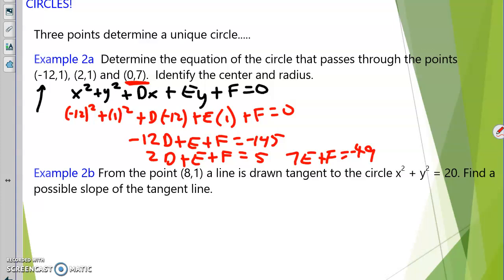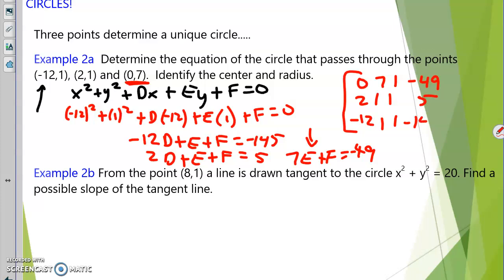Now, we have 3 equations with 3 unknowns, and we've solved something like that in the past. So what I did was I put it in a matrix with the third equation in the first position because it's already got a 0 there. So I get the matrix that looks like that.